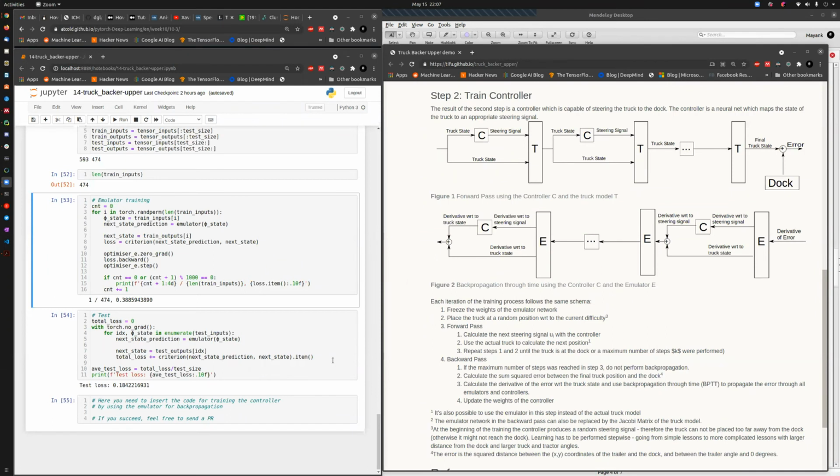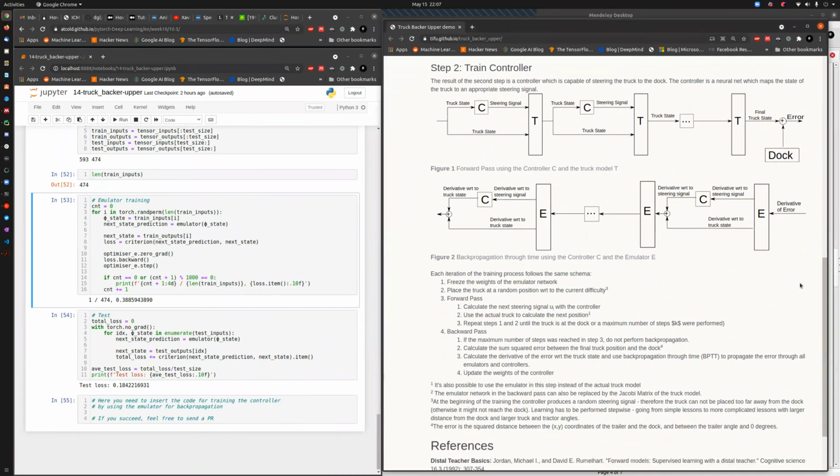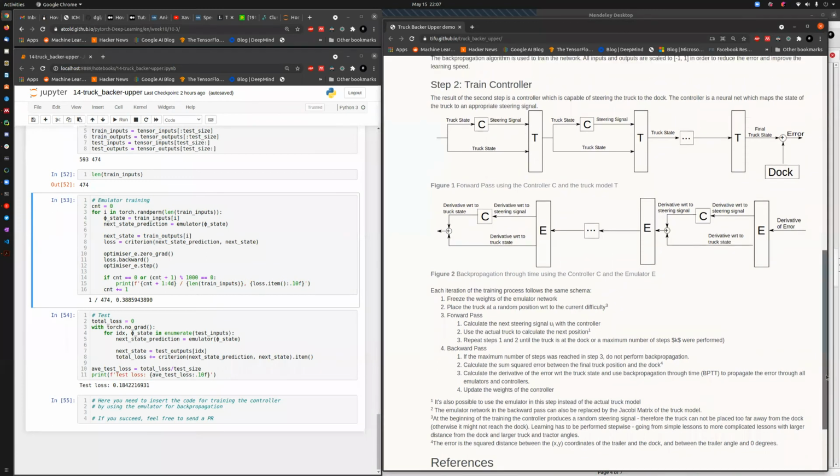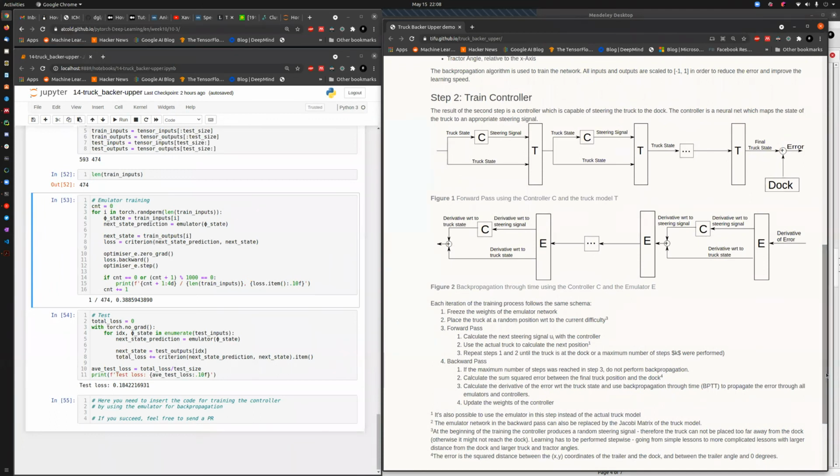Right. So then saying back propagation through the emulator is just saying the emulator is used to predict the next state, like it's a function. So we don't really back propagate through it other than by generating the next state, which is what you use to then back propagate through the controller. Is my understanding correct?